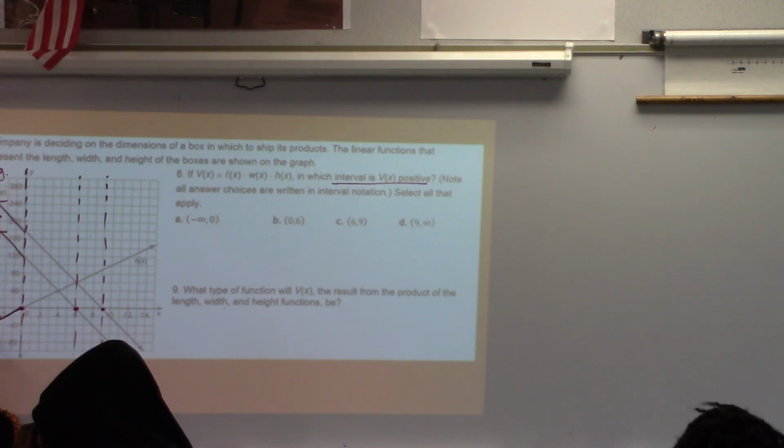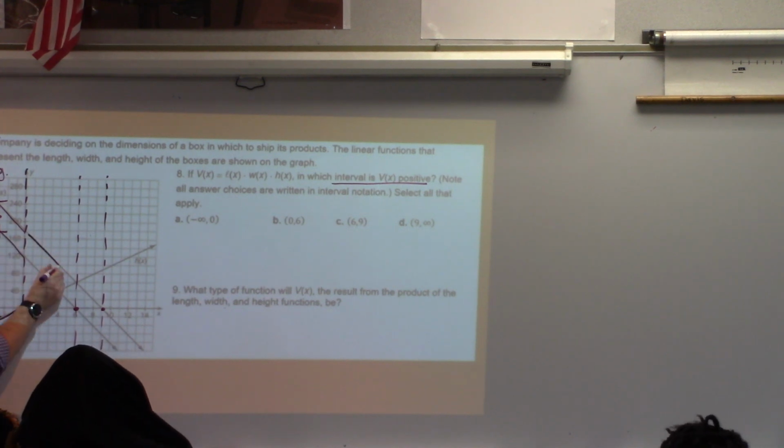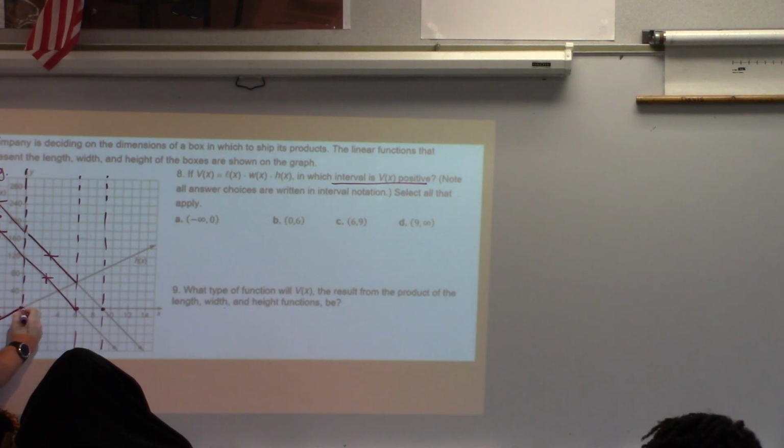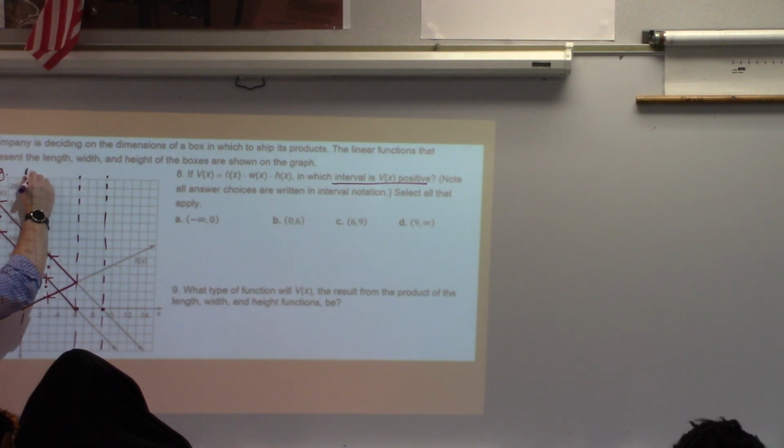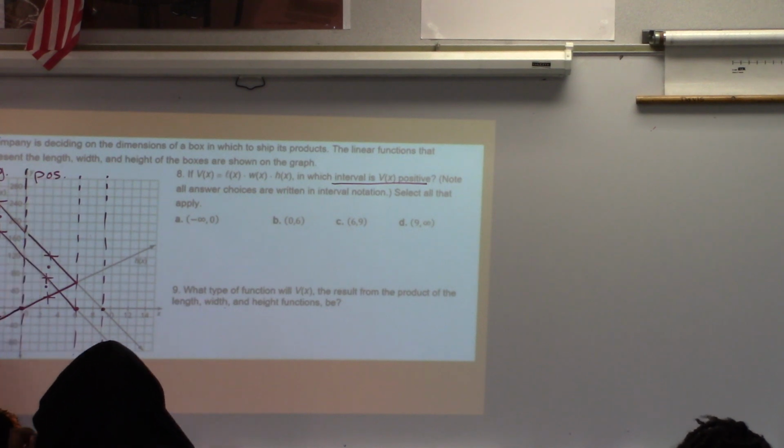All of these y values, notice how they're below the x-axis? So they're negative. So positive times a negative is negative. Whereas if I look over here, all these y values are positive, and these are positive. And if I multiply a positive times a positive, I get a positive. Does that make sense? That's all I'm looking at.